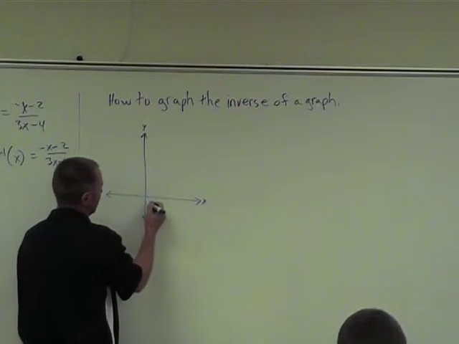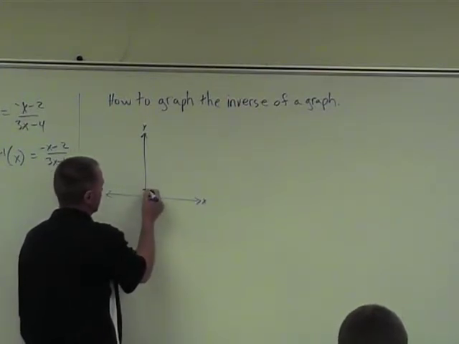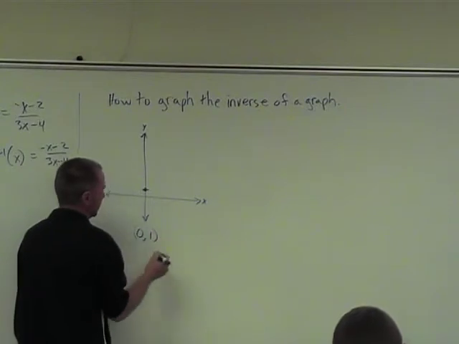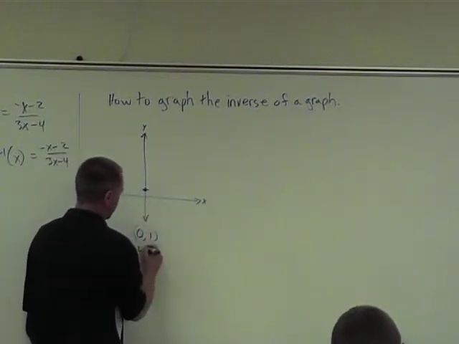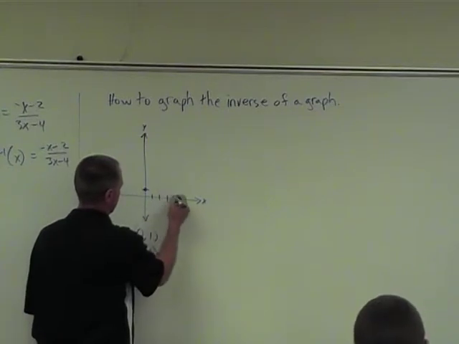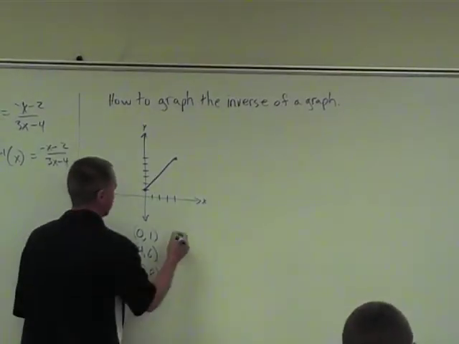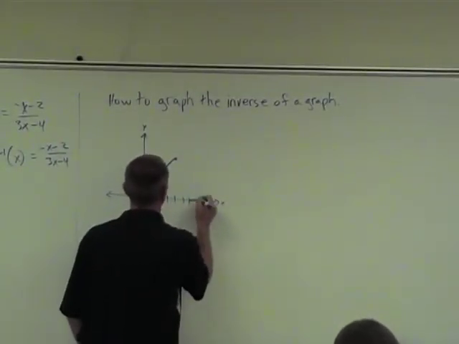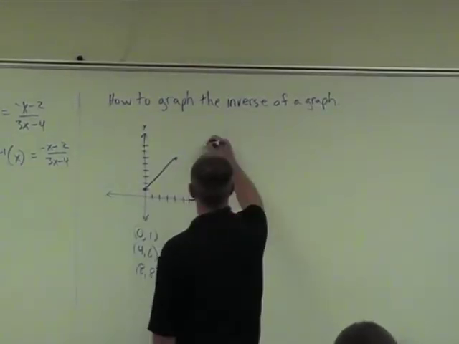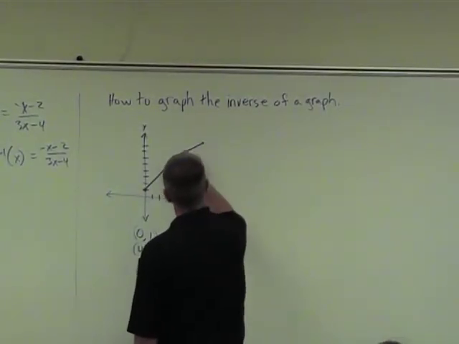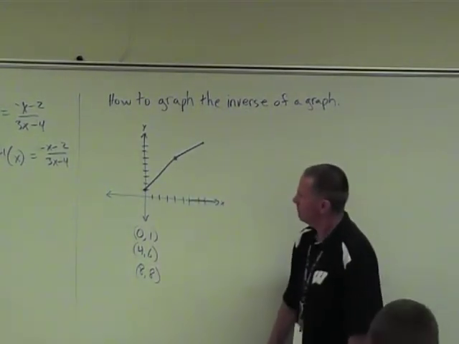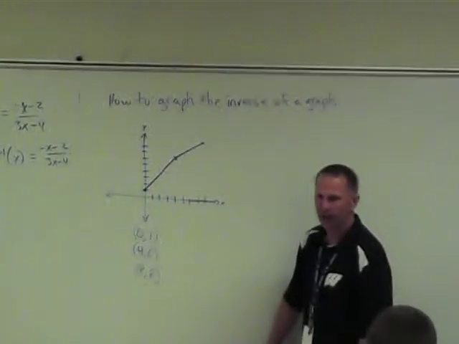My first point is at 0, 1. My second point is at 4, 6. And my third point is at 8, 8. So there's the graph of those two segments together. I want the inverse of that graph.